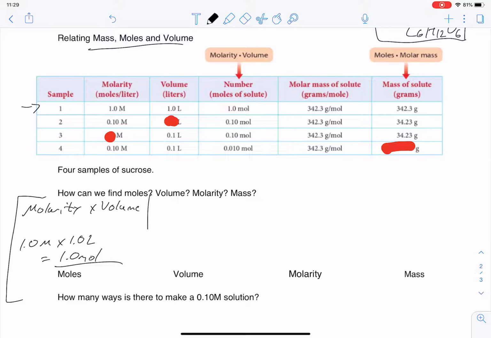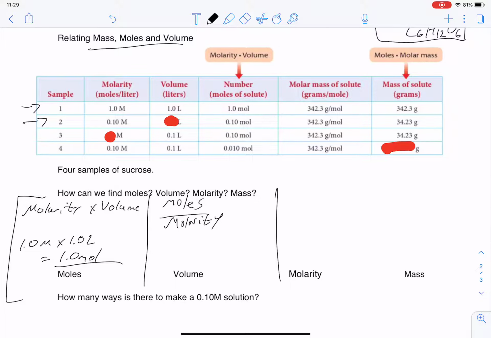Good. So for sample 2, for volume, we're going to do moles divided by molarity. Again, using that same equation, we're just moving it around so that we can solve for our unknown.